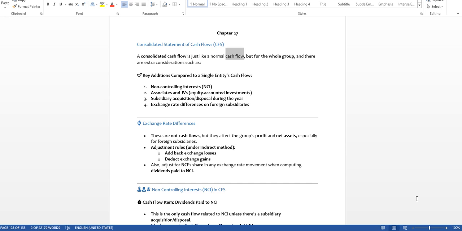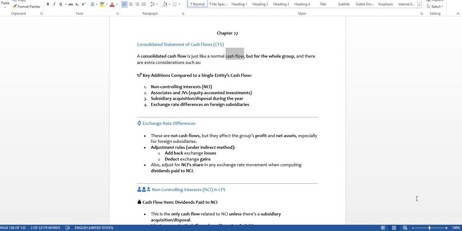For instance, I bought an item at 1,000 US dollars when the exchange rate is 1,000 naira per dollar. How much is the item worth? 1 million naira. Now, at the time I wanted to make payment for that item, the exchange rate has reduced from 1,000 naira per dollar to 900 naira per dollar.